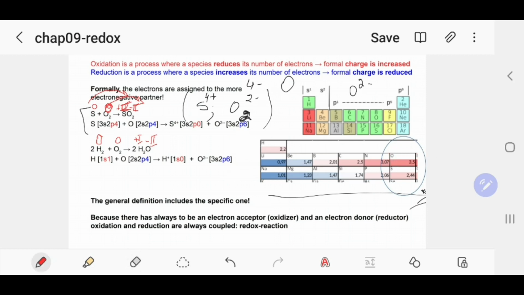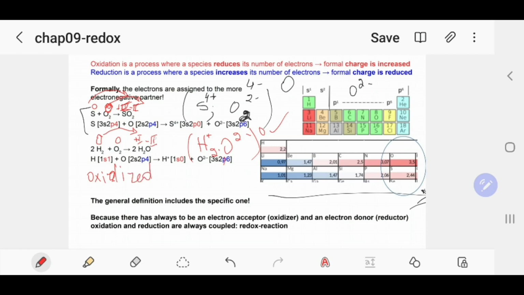So again, here we see that we have H2O, O has -2, 2 times +1, the total is 0, which verifies that H will have only +1. So from 0 to +1, the charge has increased, H is oxidized.